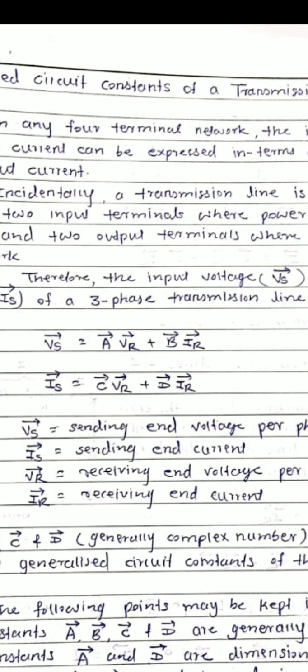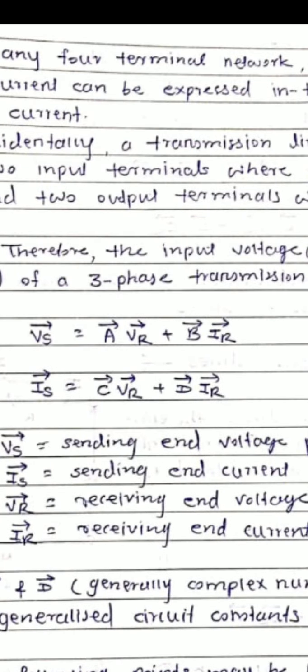Therefore, the input voltage and input current of a three-phase transmission line can be expressed as Vs is equal to A into Vr plus B into Ir, and Is is equal to C into Vr plus D into Ir.